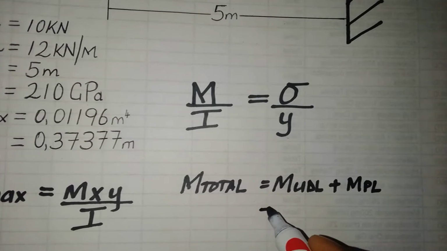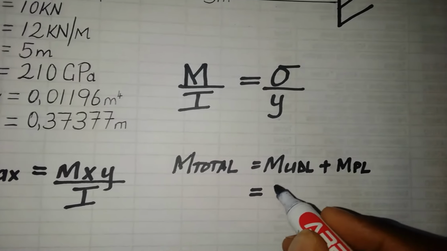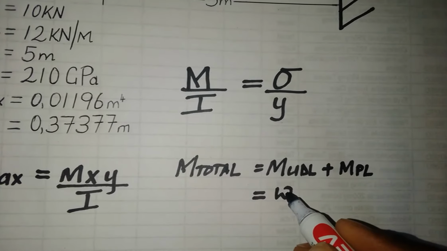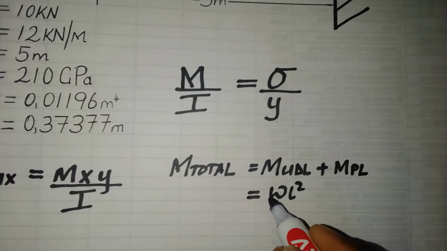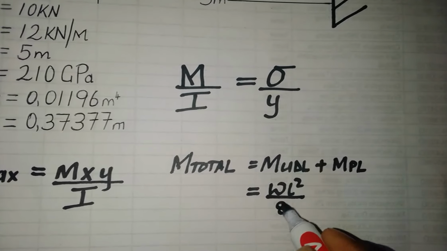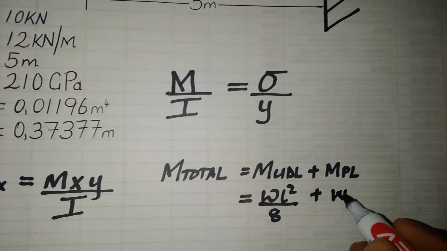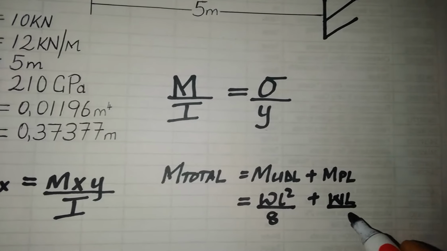For the uniformly distributed load it is W L squared over 8, and for the point load it is W L over 4.